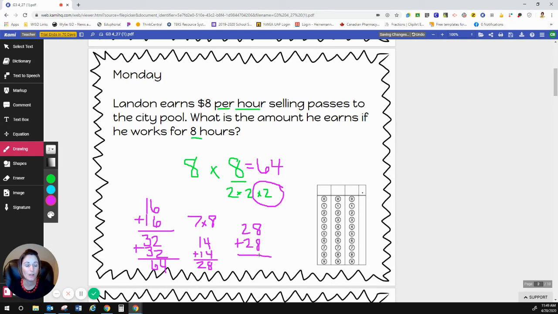And what do I get? You get 8 and 8, 16. Regroup. 2, 4, 5, 56. All right, so that works for anything times 8. Double, double, double. 8 times 8 is 64.